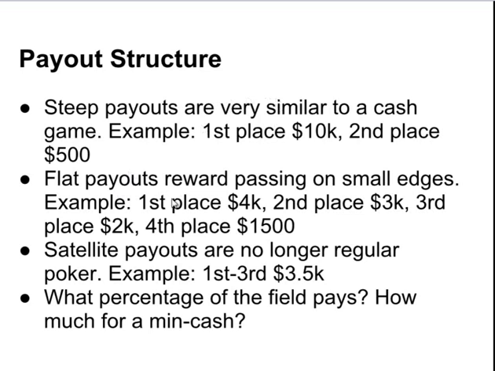In this example tournament, I have 4,000 for first, 3,000 for second, 2,000 for third, and 1,500 for fourth. So basically, in this tournament, the player who ends up with all the chips doesn't even win very much more than the player that outlasts almost everyone else.